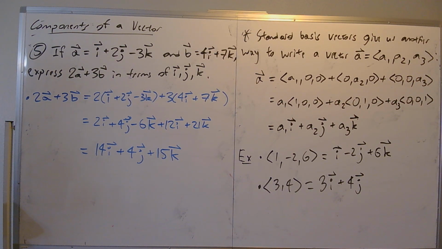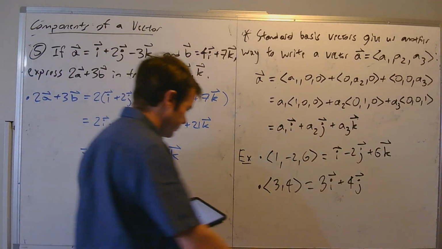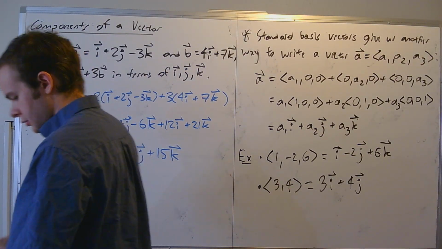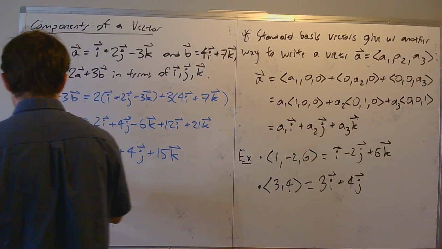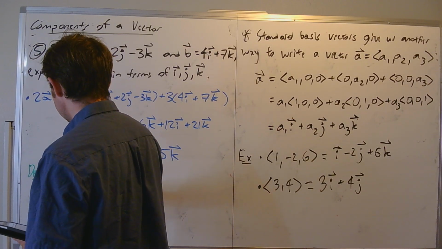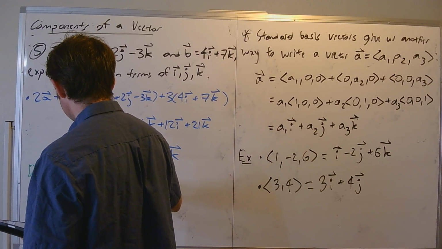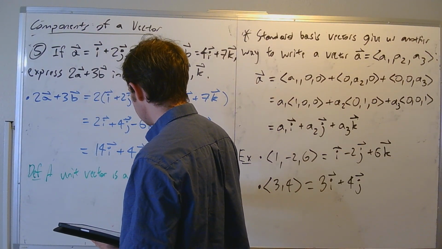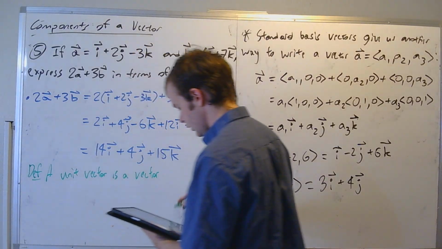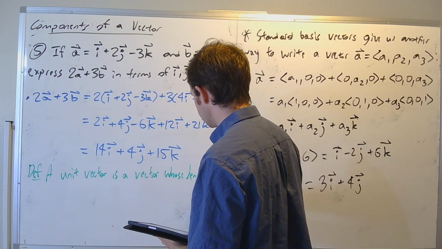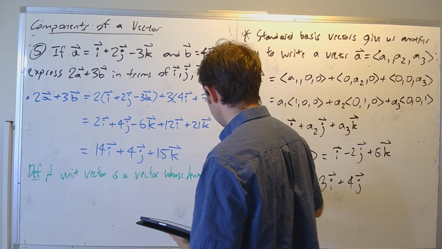Okay. So I'll write here as a definition, a unit vector is a vector whose length is 1.